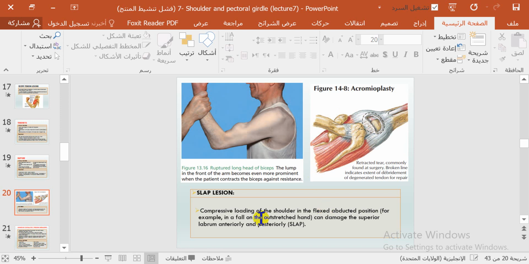Here we have compressive loading of the shoulder in a flexed, abducted position, for example, a fall on an outstretched hand, which can damage the superior labrum of the shoulder, anteriorly or posteriorly. This is called a SLAP lesion: superior labrum anterior posterior injury.